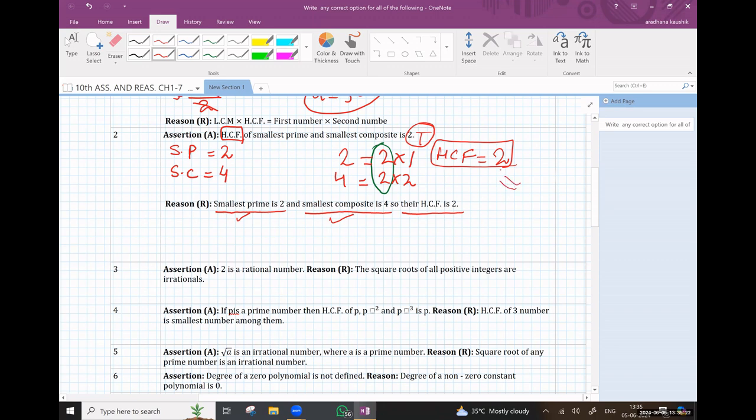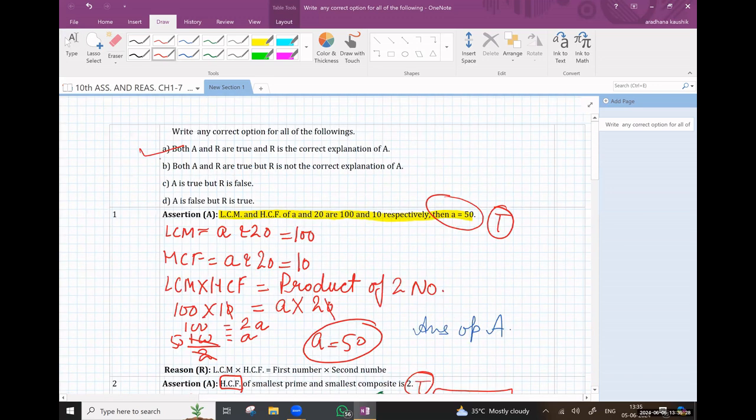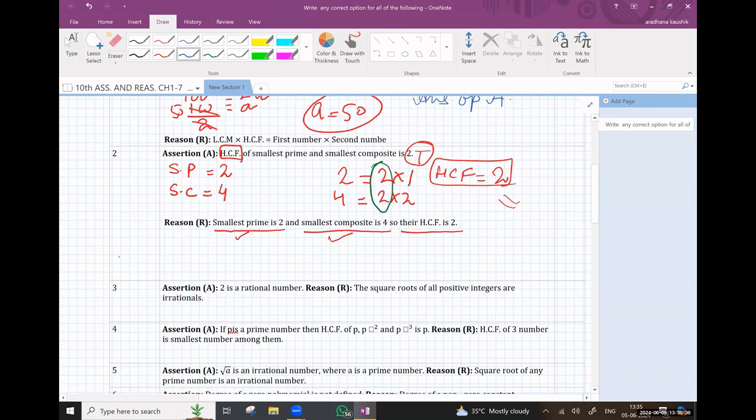So here both A and R are true, and R is the correct explanation of A. So here the answer will be option A.